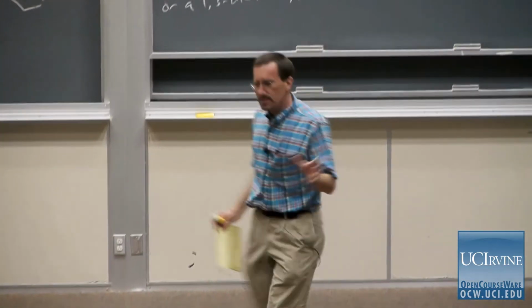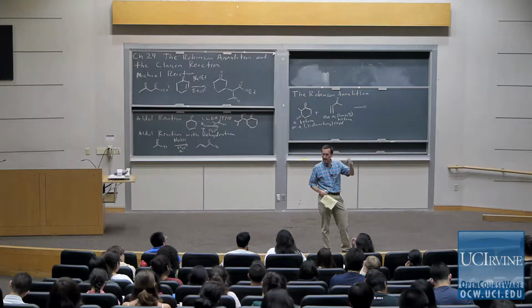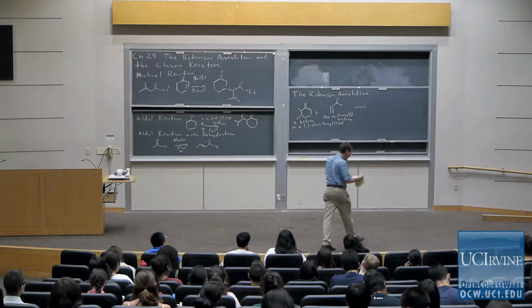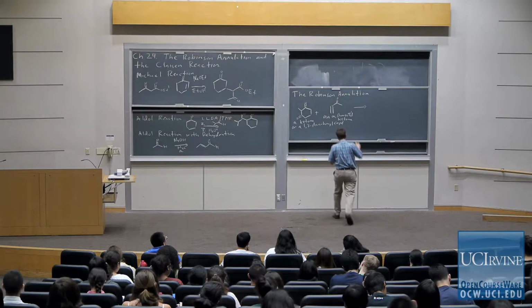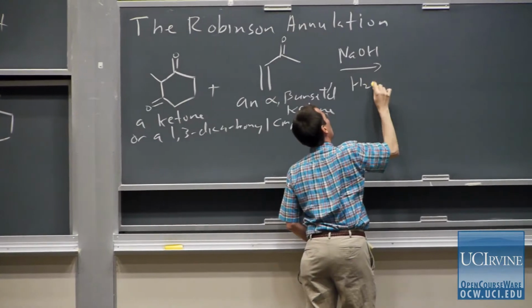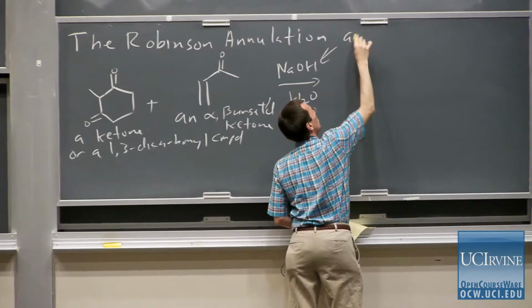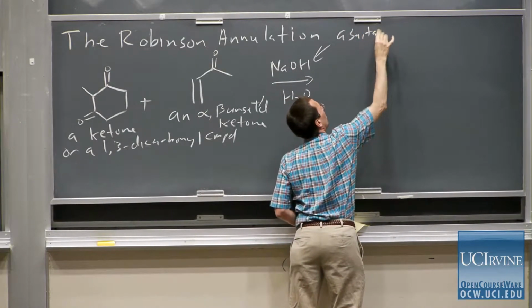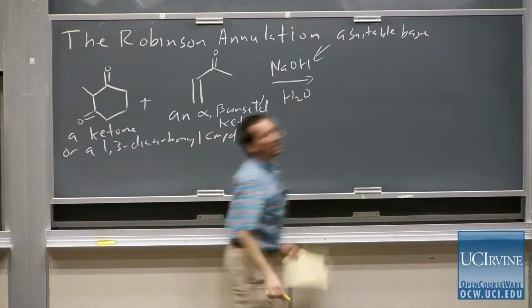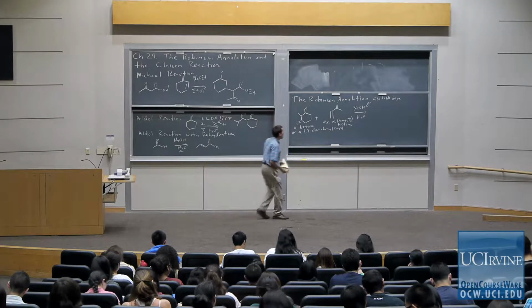In the real Robinson annulation, base is kind of a sticking point, and it's not always as easy as just mixing things together with the first base you try. We're going to, in this particular example, use sodium hydroxide and water, one of our favorite conditions, but I'll say a suitable base here. If we have time, I'll even give you an example of an acid-catalyzed Robinson annulation reaction.